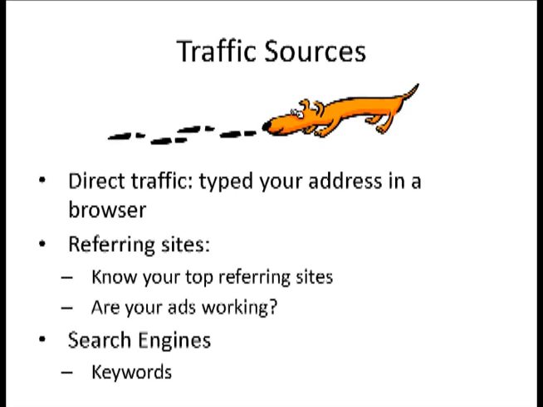I talked about traffic sources earlier, so you want to see how many different types of people fall into each of these different categories. How many people are coming directly, how many people are being referred from other sites, so are your partners linking to you, and how effective is that ad you've got on the local newspaper website.